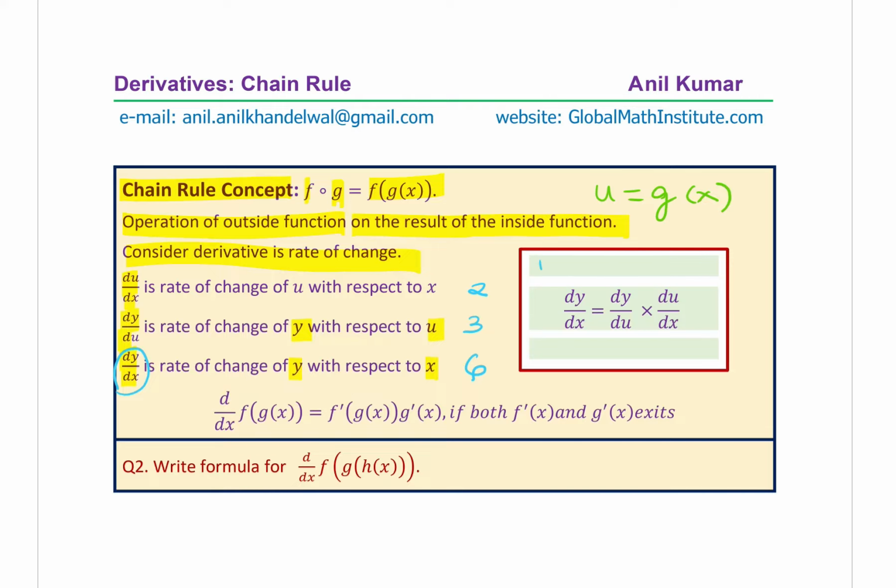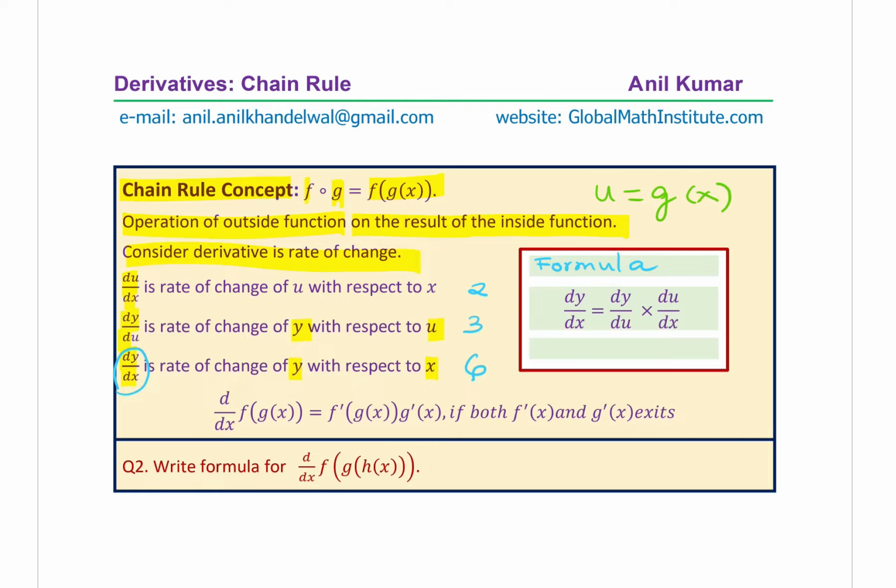So this is your formula. To find dy dx, we need to multiply dy du by du dx, correct? They are derivatives.